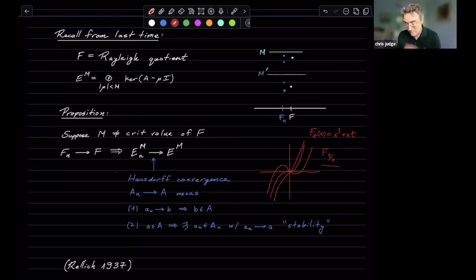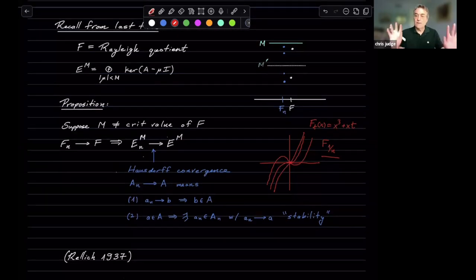This sequence won't be stable. The critical points won't converge, because for positive t the critical set is empty, but at t equals 0, or when n goes to infinity, the critical point set is not empty. So you don't get Hausdorff convergence. That's something I wanted to clarify. Does that make sense?